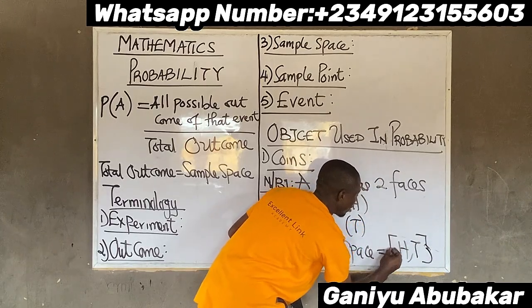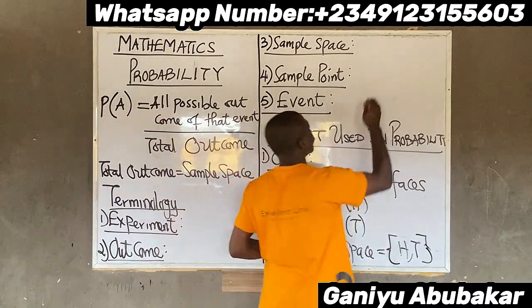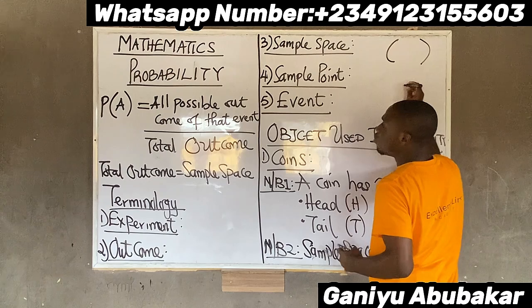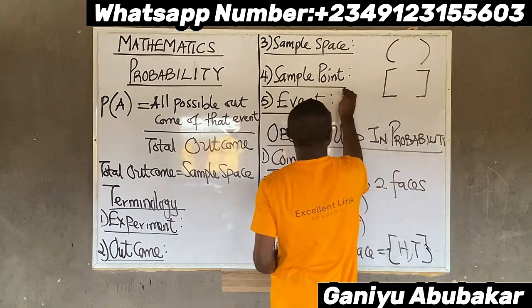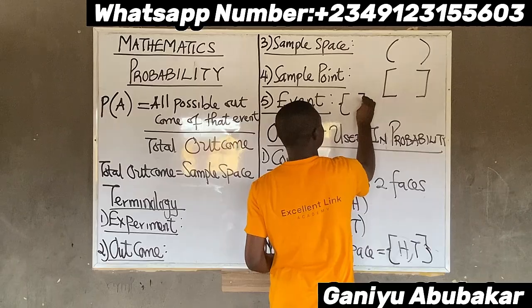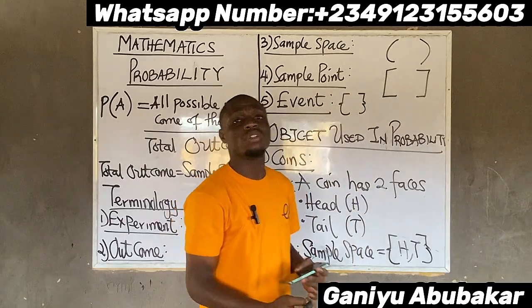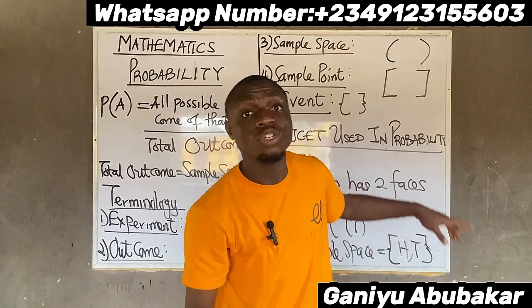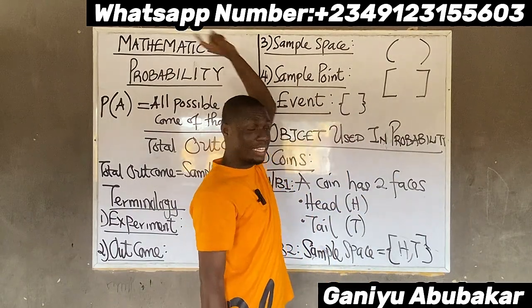Head, comma, tail. And please, in probability, we don't use round brackets, we don't use square brackets. We use curly brackets. Observe, please. You should be familiar with this one. In sets, you use this bracket, and they use the same bracket for sets in probability too.